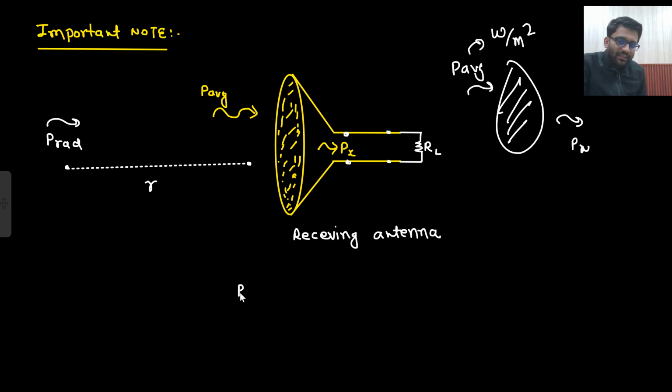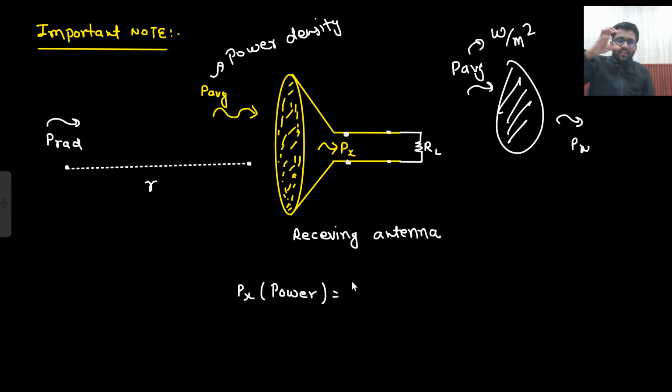So what will be this Px? This is your power. How much would that power be? This is power density. So P average power density is coming, that is incident on the receiving antenna.